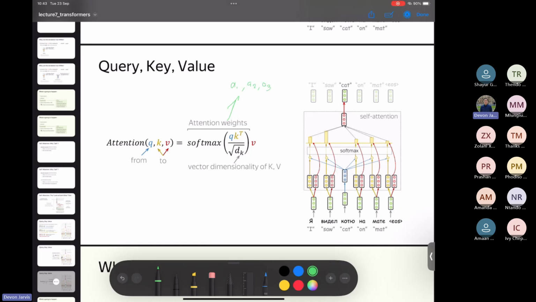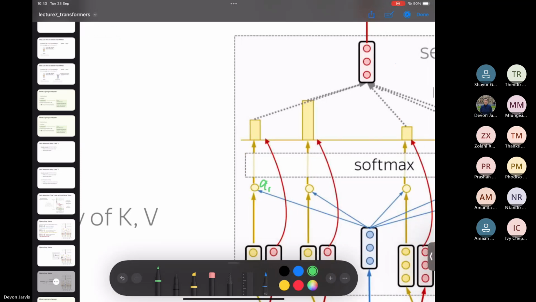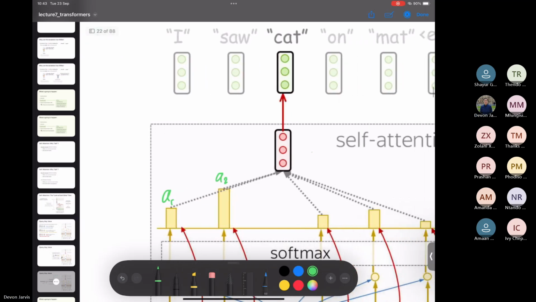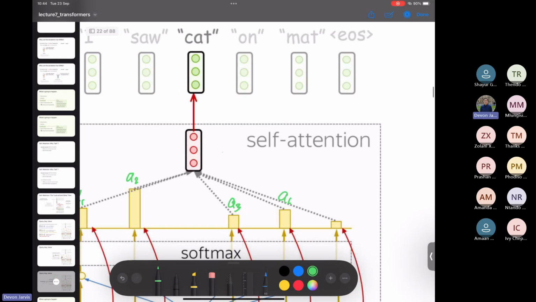That's how much attention is being placed on the other words when I'm updating cat. Those are the different weights coming out of my softmax for this competed attention.